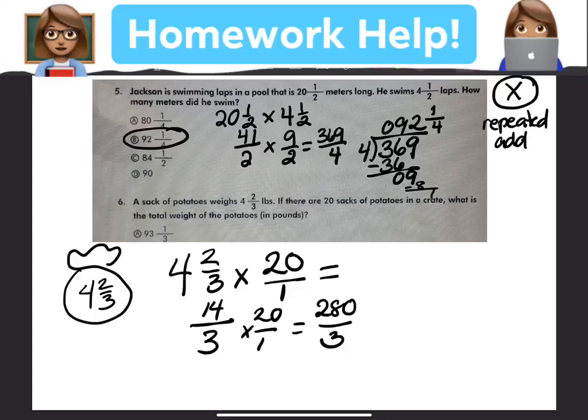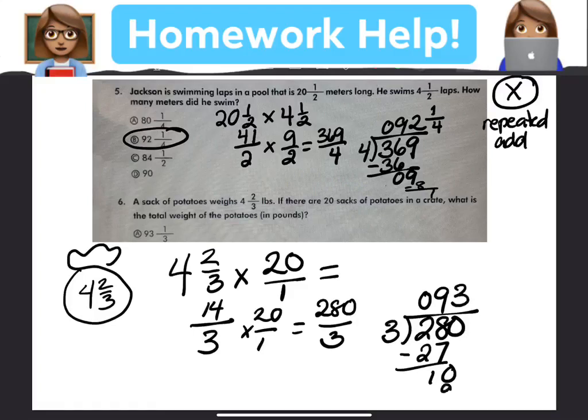I see 280 divided by 3, so I'm going to do that. Remember, the 280 falls into the house because the little kid knocks it over. He always knocks it down into it. Now when I do this, 3 goes into 28 9 times. 9 times 3 is 27. And I get 10. 3 goes into 10 3 times. That's 9. And I have a remainder of 1. So 1 out of 3, which happens to be right there.